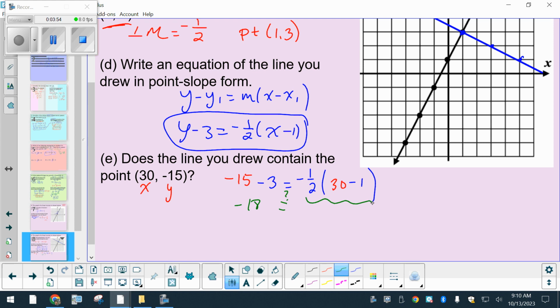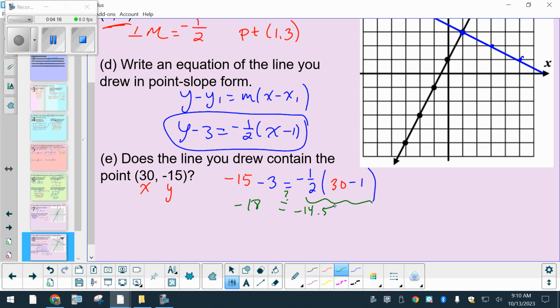And see what you get over here when you type that in. What do you get? Negative 29/2, which is negative 14.5. If you guys are getting fractions, you can change your answers to decimals.